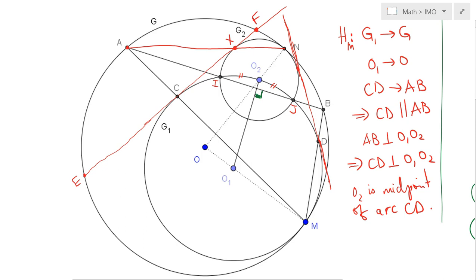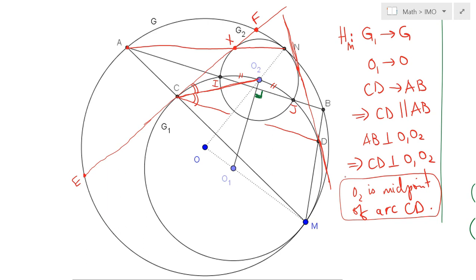But now I claim we are done for the following reason. If you consider the angle XCO2, because of the tangency of EF with the circle G1, this angle is equal in measurement to the angle O2CD. Can you see why? It is equal to O2CD by the very reason that I just mentioned a few seconds ago, that O2 is the midpoint of the whole arc CD.